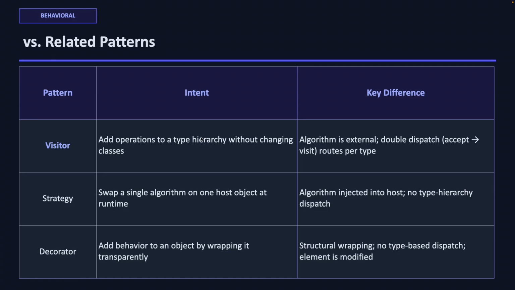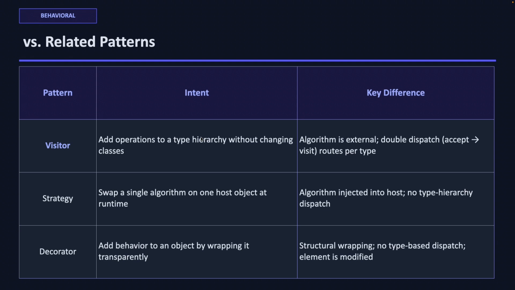The algorithm is injected into the host, and the host will call it. There's no type hierarchy dispatch. The visitor adds many operations across a whole hierarchy through this double dispatch. The idea is if you're thinking, I just need to add an operation to every class in my hierarchy, then we want to think about the visitor pattern.